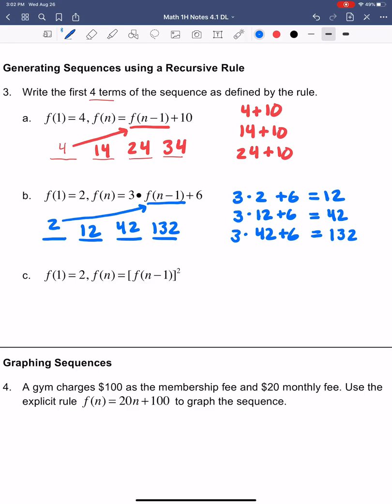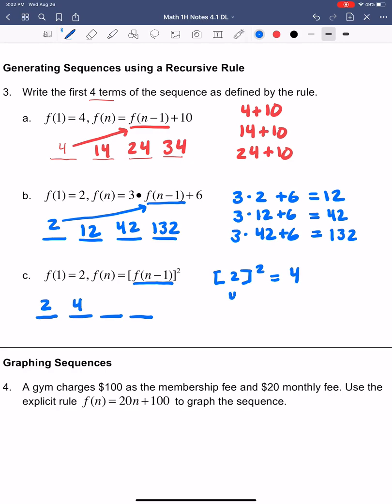All right, we'll keep it moving here. One more time. Wants us to find the first 4 terms. 1, 2, 3, 4. It tells me f of 1 is 2, so that means the first number there is 2. And then once again, I'm going to plug this in for the whole thing. F of n minus 1 gets replaced here, so it's going to look like this. 2 squared, which is going to give me 4.